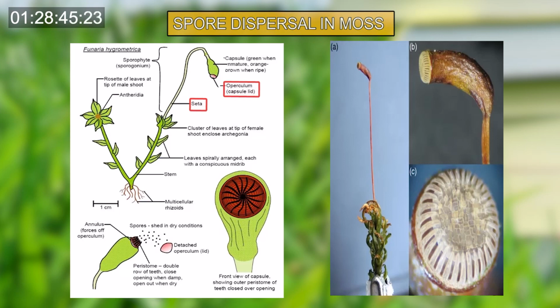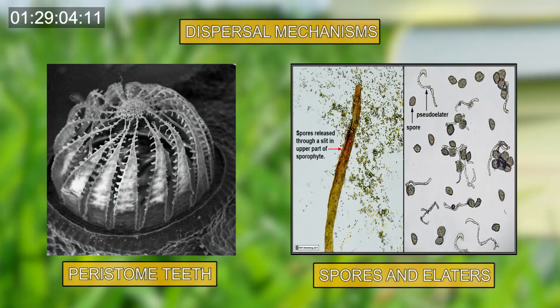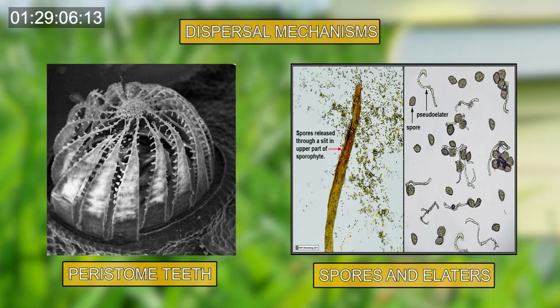During suitable weather conditions, this operculum opens up, and this is done by the annulus. It causes the exposure of certain teeth-like structures, the peristome teeth, as here we can see in these diagrams. Next, these peristome teeth open up and cause the dispersal of spores.